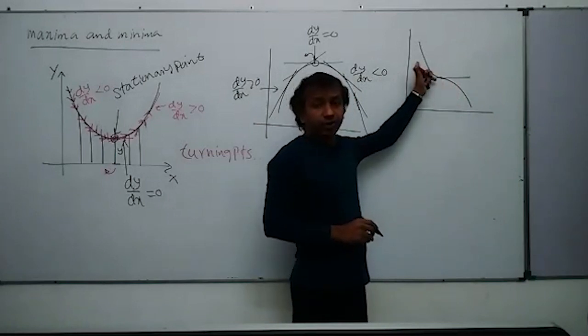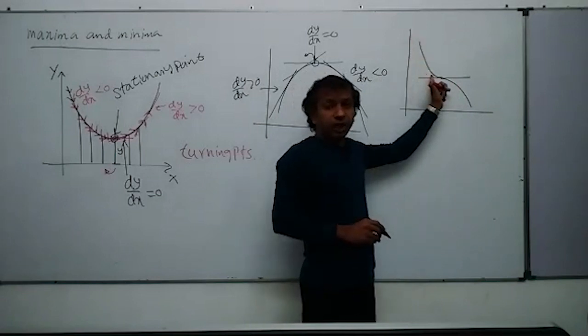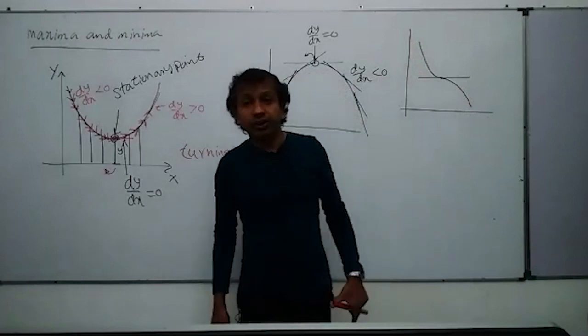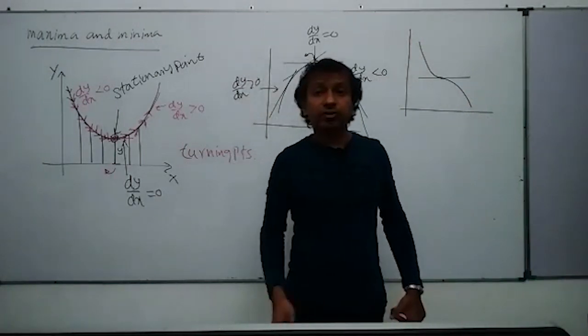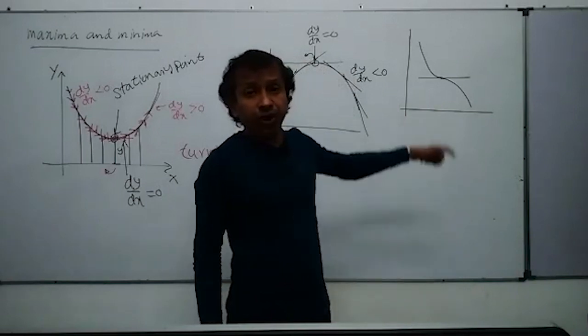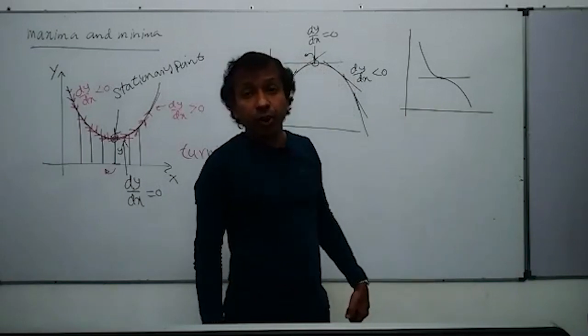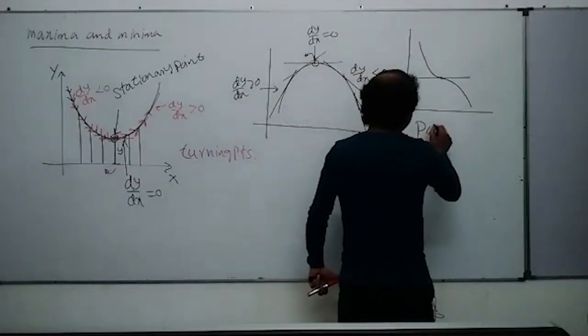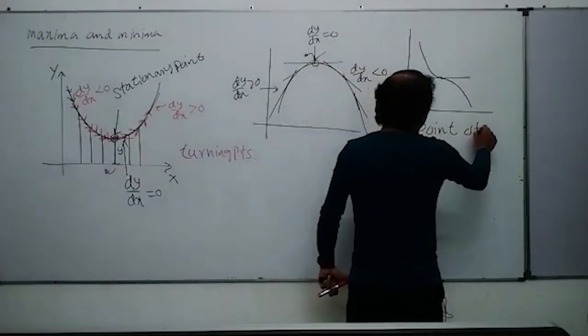The portion on the left has a negative gradient, and the portion on the right has a negative gradient. This is neither maxima nor minima, but it is a stationary point called a point of inflection.